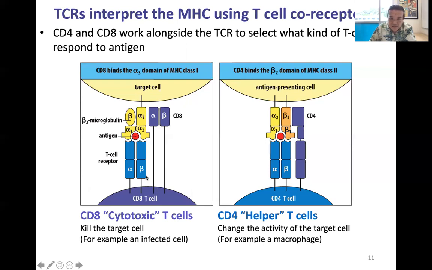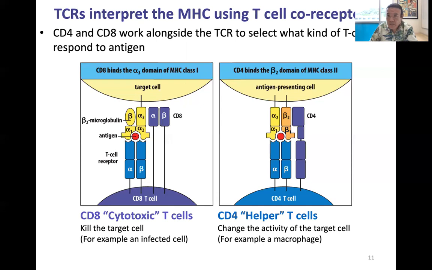It's attracted to the T cell receptor, and it is the right shape to bind to the shape of the MHC1. And that combination of the T cell receptor's light blue alpha beta chains signaling through the CD3 and the zeta chains into the cell, plus the positive signal of the CD8 co-receptor also detecting that this is MHC1, will activate the cytotoxic T cell, and then that cytotoxic T cell will kill the target cell.